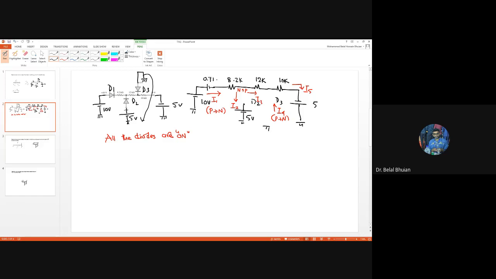Again we have 0.7, and again we have 0.7. So you notice the polarity? 0.7 volt.